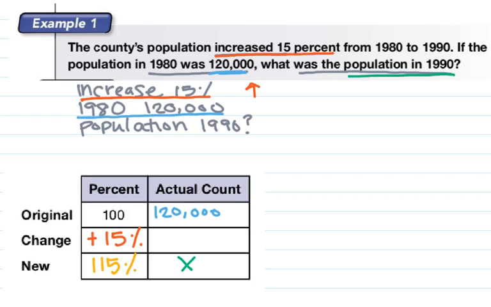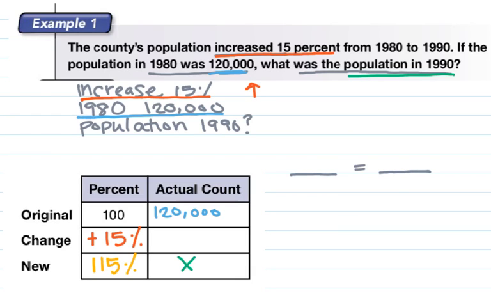So now I can take this table and create a proportion. Remember, when I'm creating a proportion, I want to find rows that have full information and create my proportion with the row that has my variable. So I'm going to set up my proportion.